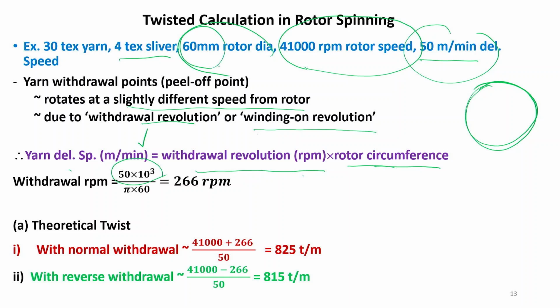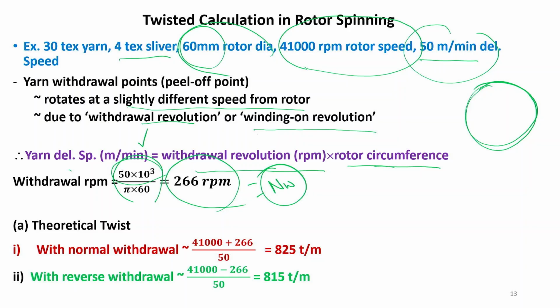So, this will be 266 rpm, the rotor withdrawal speed, NW, that is the rpm of the peel off point.